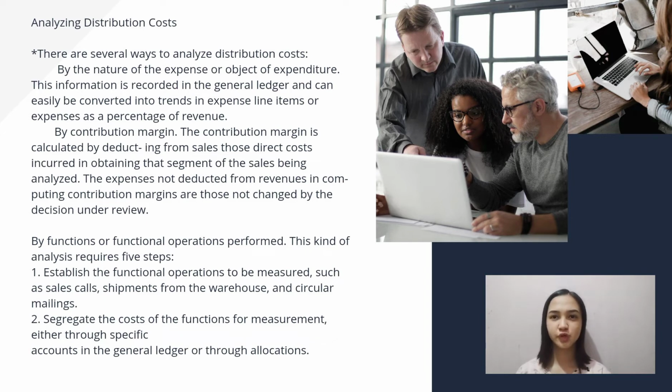By contribution margin. The contribution margin is calculated by deducting from sales those direct costs incurred in obtaining the segment of the sales being analyzed. The expenses not deducted from revenues in computing contribution margins are those not changed by the decision under review.